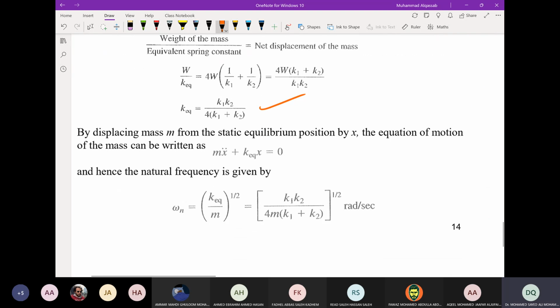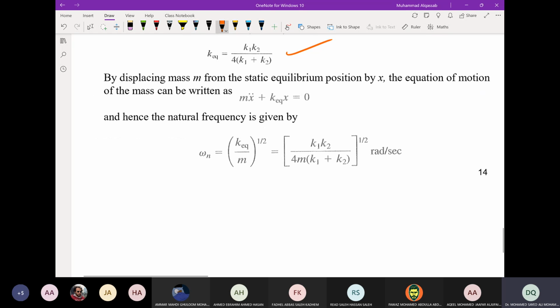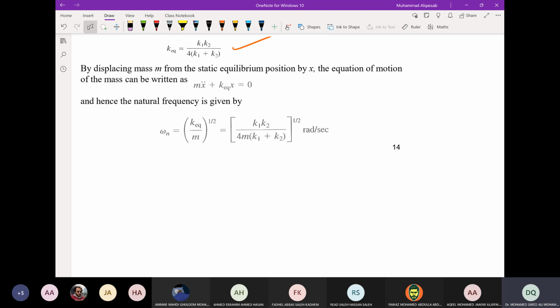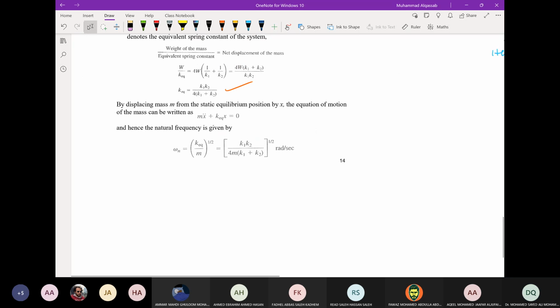He finds K equivalent and then substitutes in omega n equals the square root of K equivalent over M, equal to the square root of K1 K2 over 4M (K1 plus K2), in radians per second. So this is the final equation for the expression of the natural frequency.